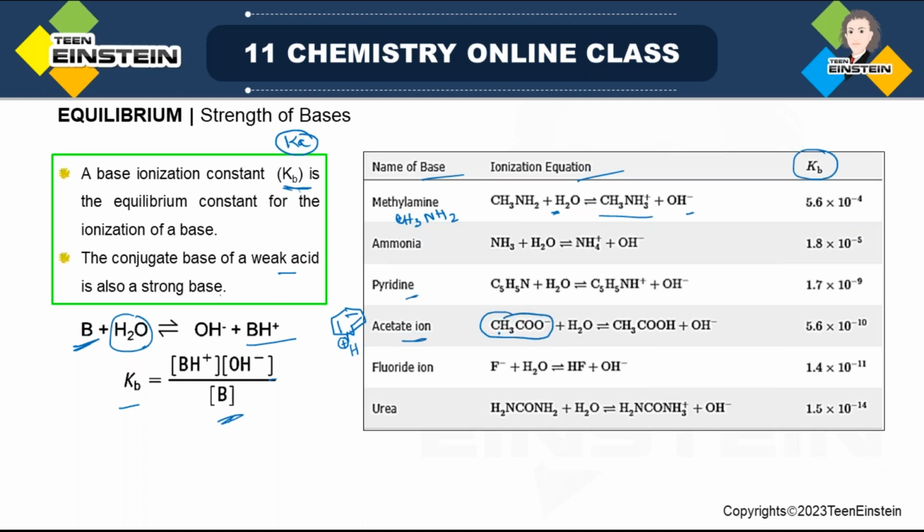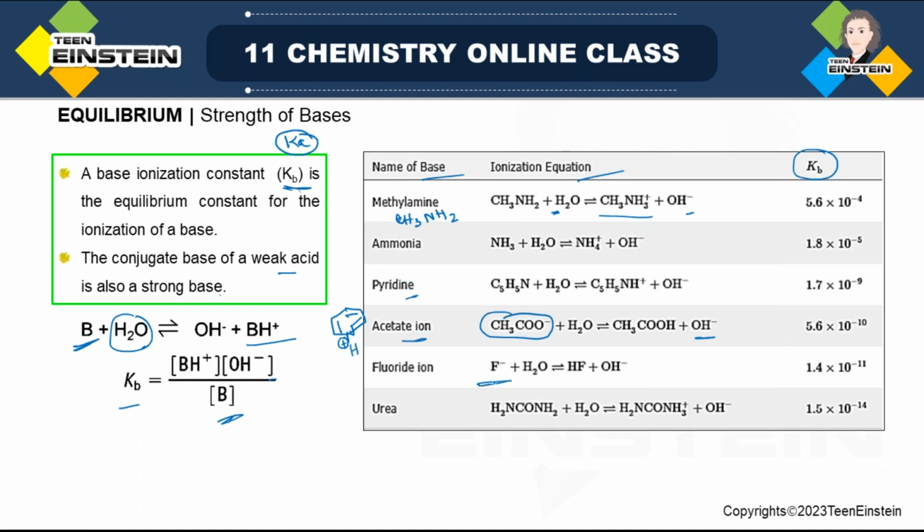So here the definition that you have to keep in mind is that it has to be a proton acceptor. Then you can call it a base, because in these cases we are considering the Bronsted theory. So CH3COO minus, as it can capture H plus, will also be considered as a base and HO minus is produced.